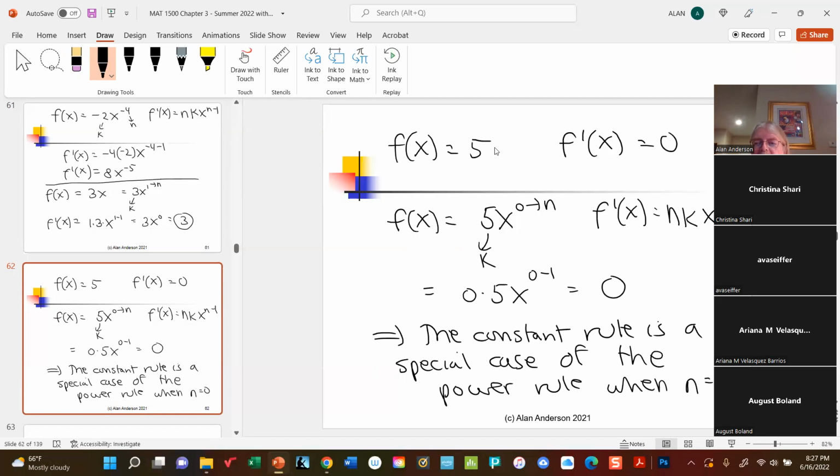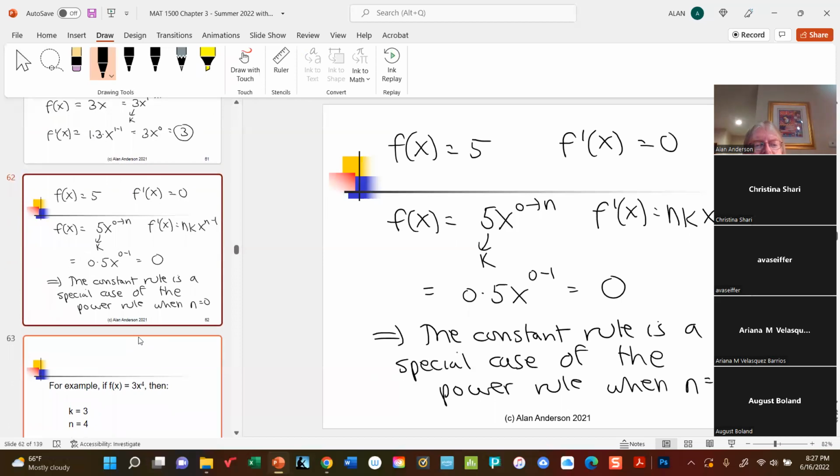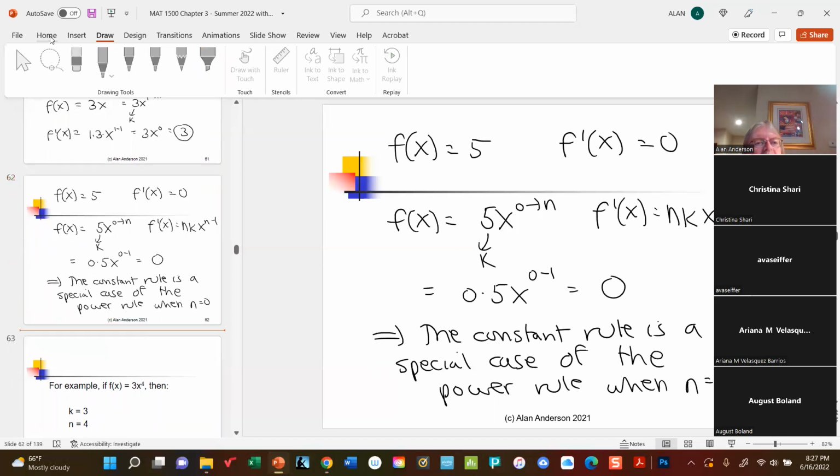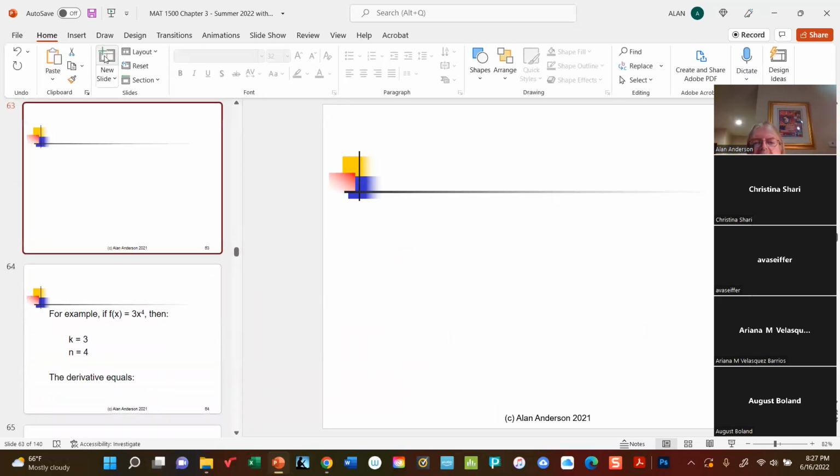Well, so with this one, you can apply either one. You can just use the constant rule, which is nice and quick. But just remember, this is really just a special case of the power rule. Now, sometimes you're going to run into some very messy examples of this. Let's try one like that.